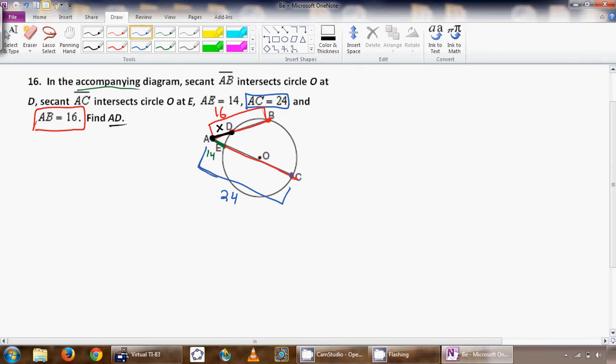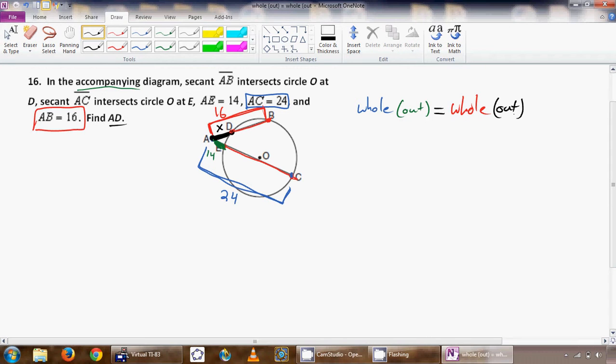It's the whole secant times its outside, that must equal the other whole secant times its outside. Right? That's the relationship formed when you have two secants, and it's talking about their lengths.